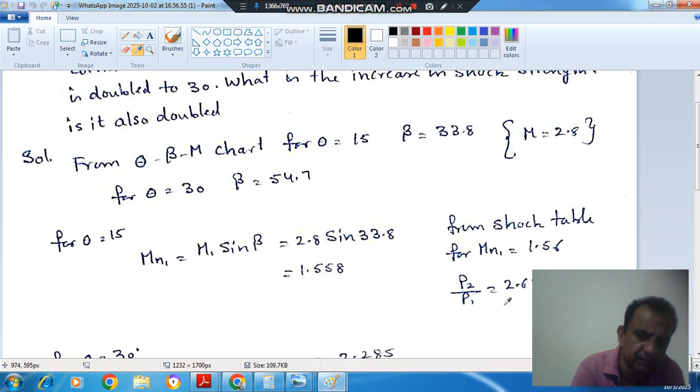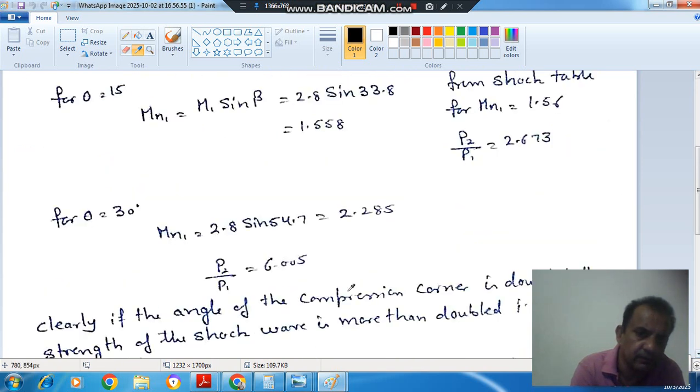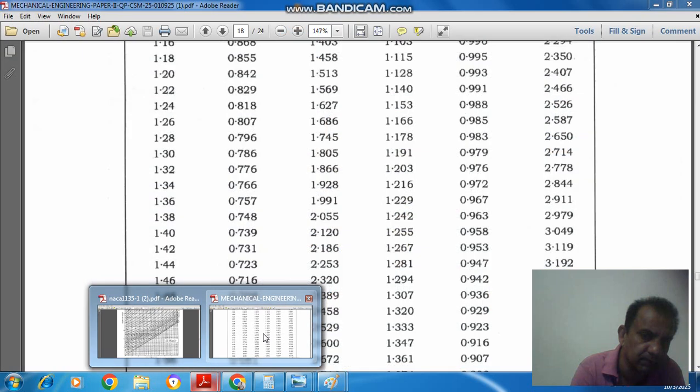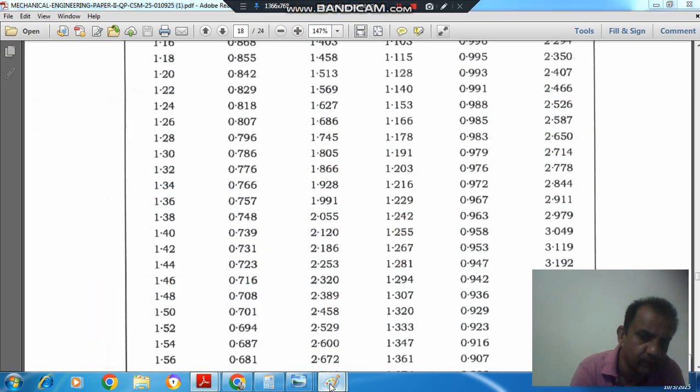Now for the second case, when theta is 30 degree, M is 2.8, Mn1 is 2.8 sin beta and beta is 54.7, that we have found out. So Mn1 will be 2.8 sin 54.7, so that is 2.285, and the pressure ratio is, corresponding to this Mach number, again seeing the shock table, 2.285.